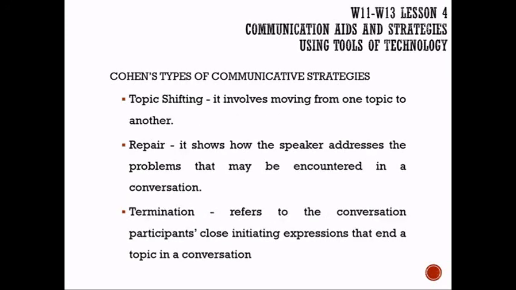Hence, for a smooth transition, that is already topic shifting. It involves moving from one topic to another. For example, in a meeting, you have the agenda or the list of topics that you need to discuss for that meeting. So upon finishing one item, you have to do a recap. All right, let me just do a quick recap. For item number 1, say, you will be in charge of this and you will be taking care of this.